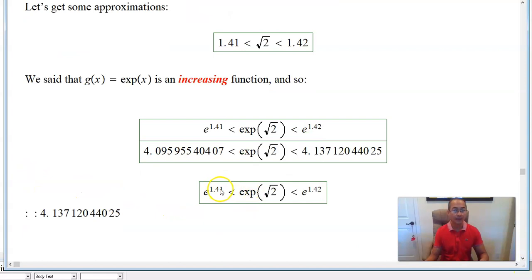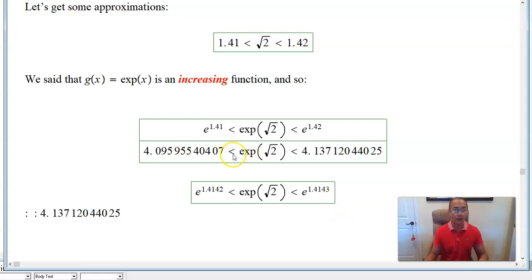So we get 1.4142, and it's smaller than 1.4143. So see what I did there. I kept the first 4 decimal places, but the next digit after 2 is a 1, so therefore I can replace the 2 with a 3. That will be a bigger number.